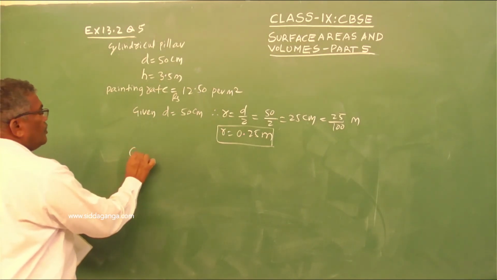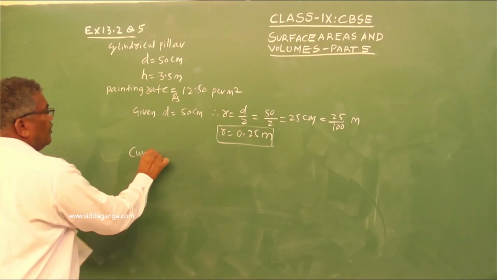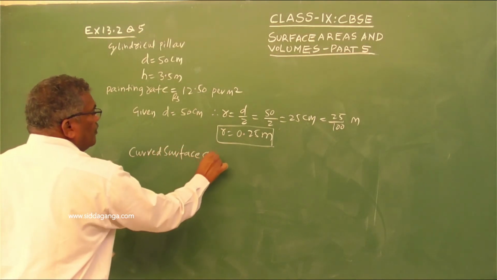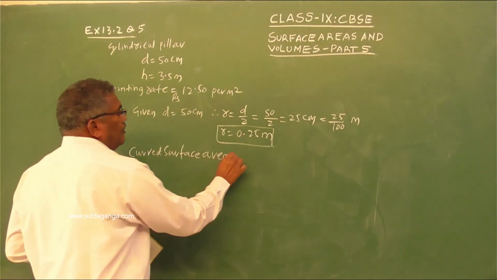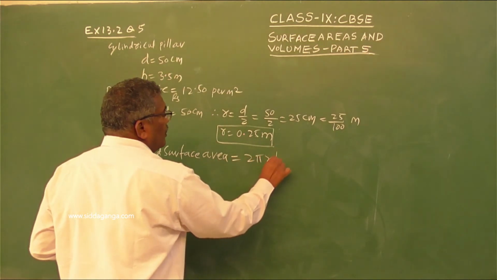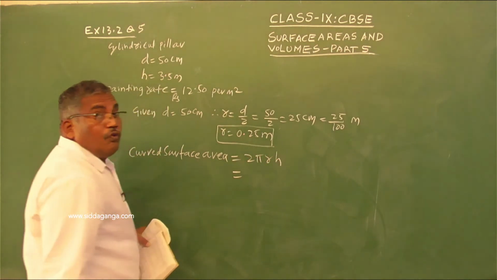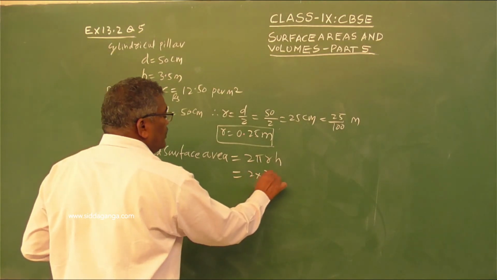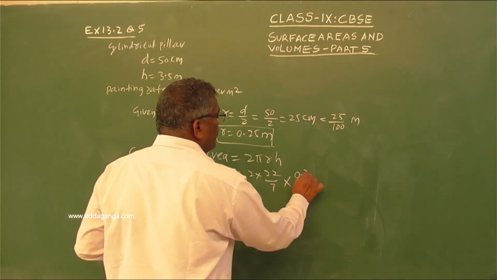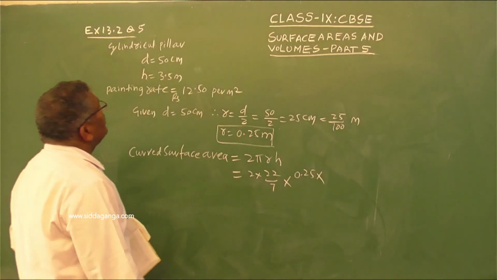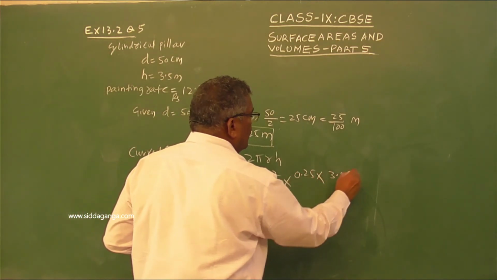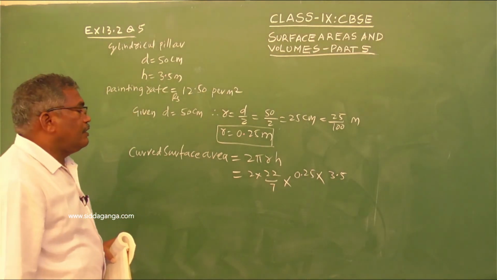Now curved surface area equals, so we have the formula 2 pi r h. 2 into pi, that is 22 by 7, into r, 0.25, into h, 3.5 meters.